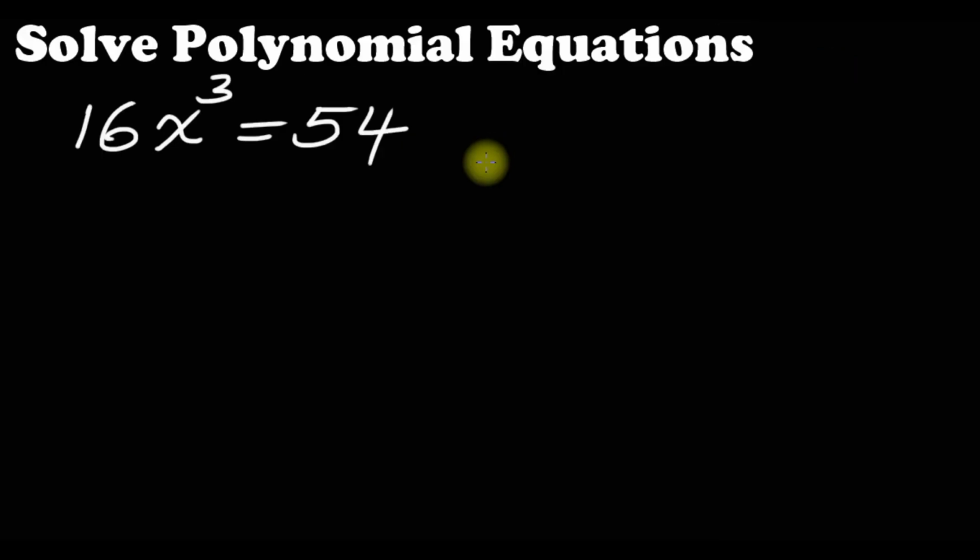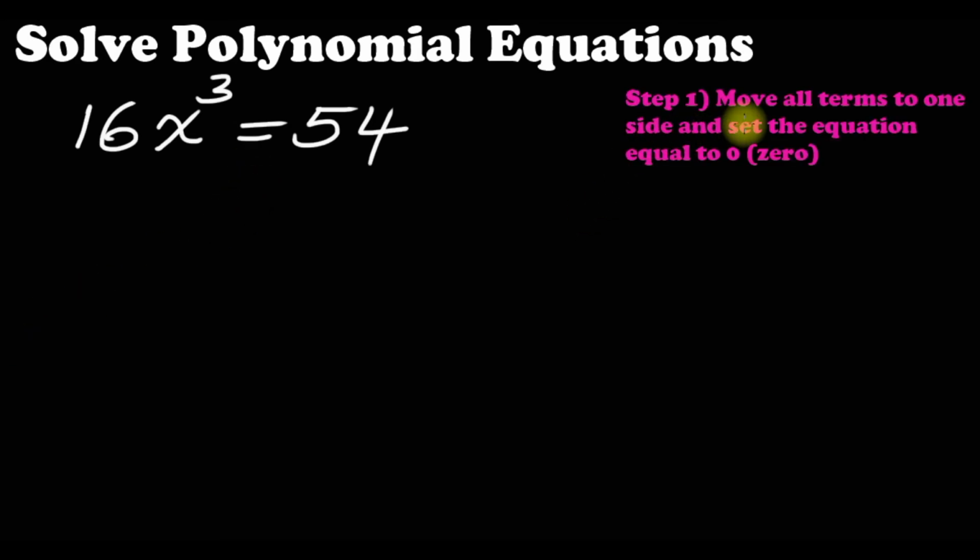Okay, let's take a look at another one. So we're going to solve this equation right here: 16x cubed is 54. Step 1 is to move all terms to one side and then set the equation equal to 0. So we have to get rid of the 54 so we can have 0 on the right hand side. How do I get rid of the 54? Well, I would do the opposite, and that is to minus 54.